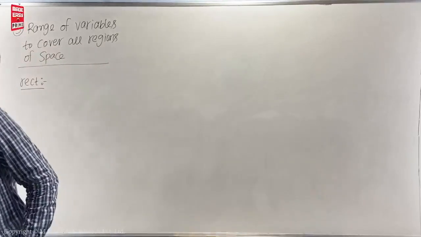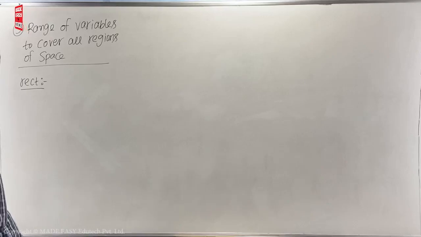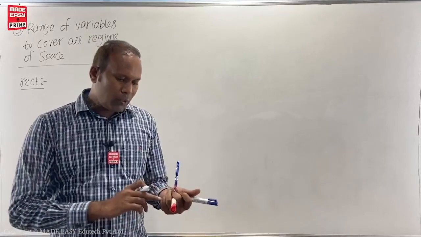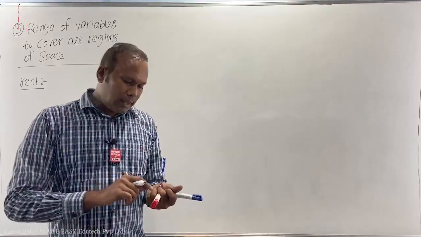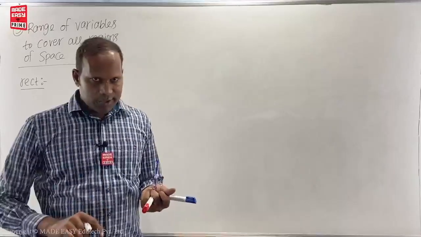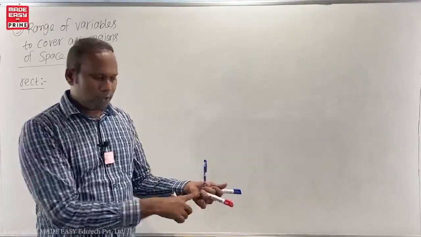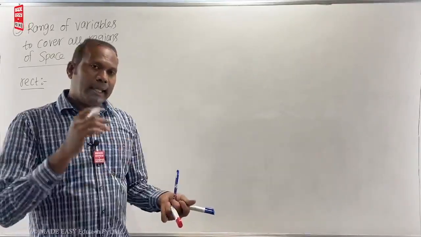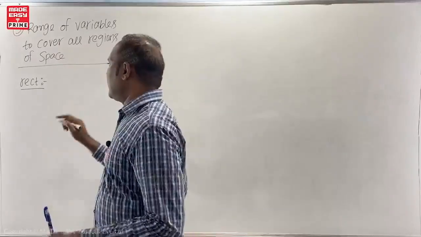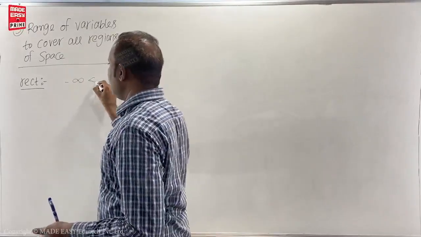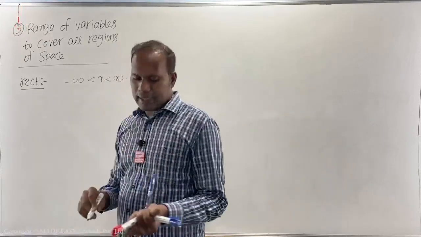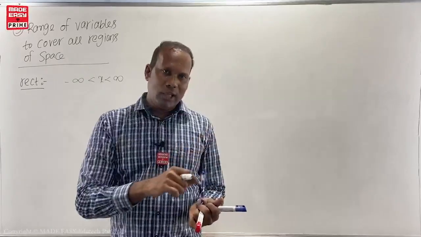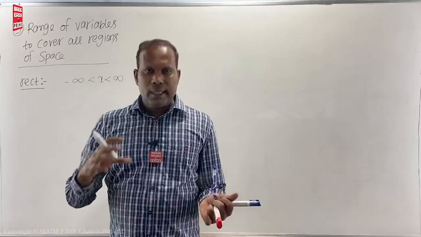Now, already we told you that if you take this as a x-axis, then x is 0 to plus infinity means positive length in the universe is covered. Then here origin x value 0, x 0 to minus infinity means negative length in the universe is covered. So that is why here x range is minus infinity to plus infinity. Similarly, here origin y value 0, y 0 to infinity means positive width is covered in the universe. Y 0 to minus infinity means negative width is covered.